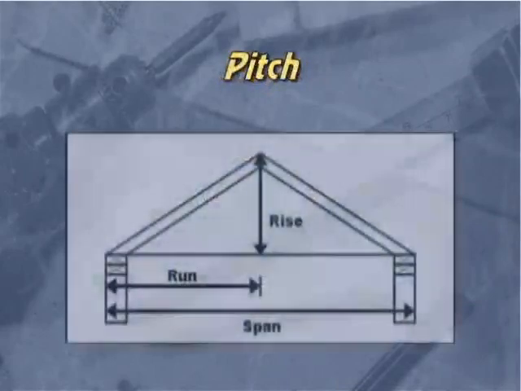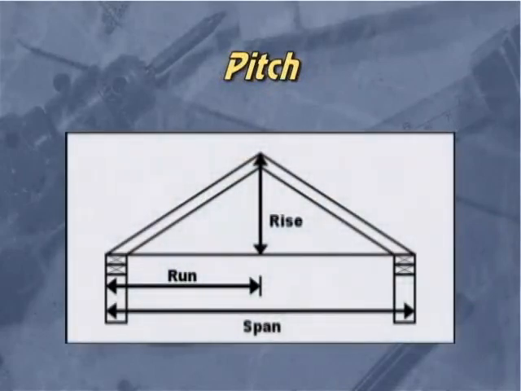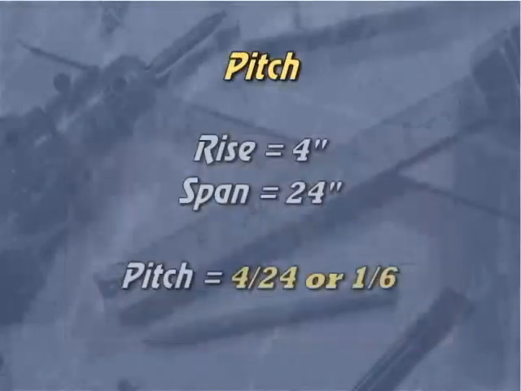Now let's look at pitch. In pitch, we don't use the run. We use instead the rise, and we use the span. Highlight span. In this example, since the run is 12, the span is 24, twice the run. So put 24 right next to span. Now, to do the pitch, we take the rise, which is 4, and put it over the span, which is 24.